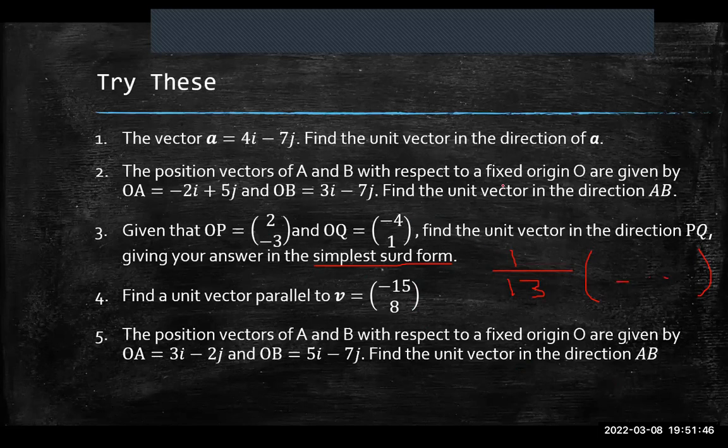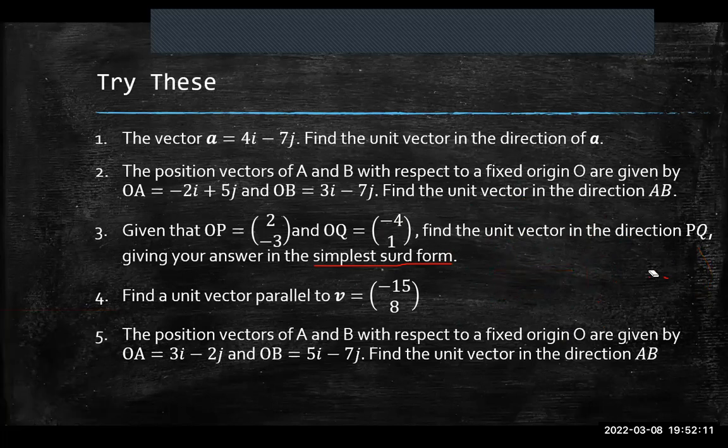When they say simplest surd form, let me say this is a root 13. You can't leave it like a scalar multiple of the vector. No, you actually have to simplify. So you need to say 1 over root 13 multiplied by whatever, and so on and so forth. You'll see what I mean, right?